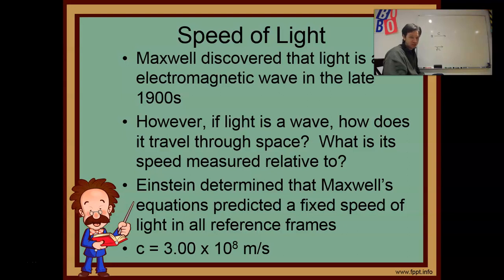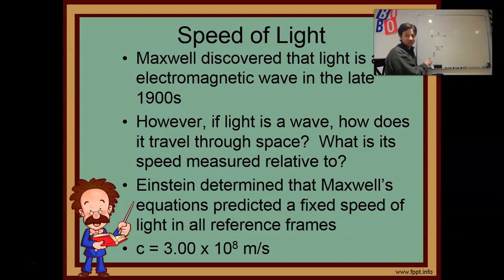And Maxwell showed that the speed of light is always 3.00 times 10 to the 8 meters per second, regardless of your frame of reference. So if I'm moving this way at 3/4 the speed of light, I will see that photon pass me at the speed of light. This is a little weird. Well, what if my friend is over here? He sees the same photon pass him at the speed of light, but he's not moving.